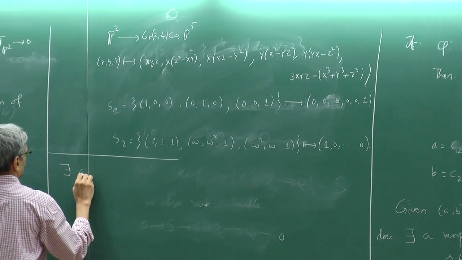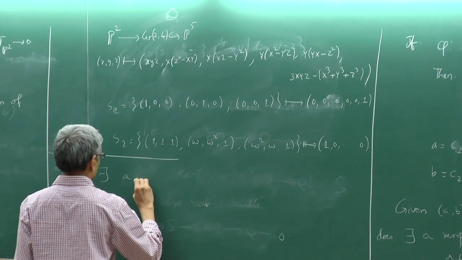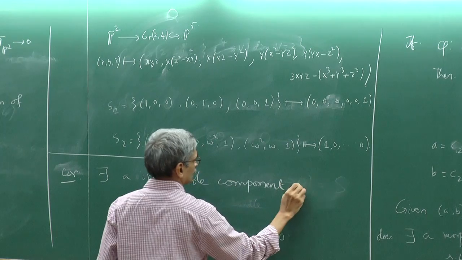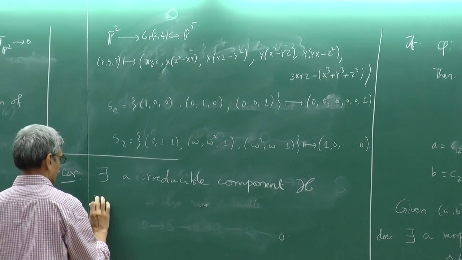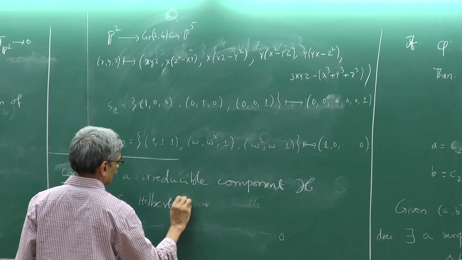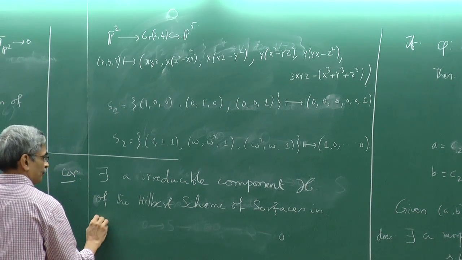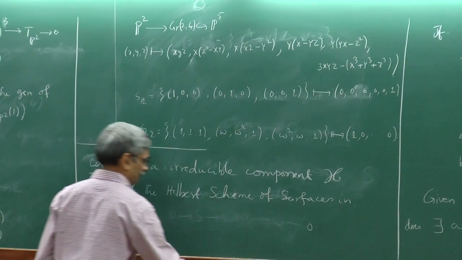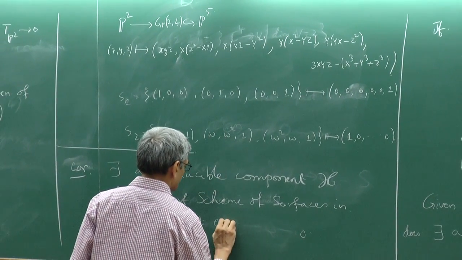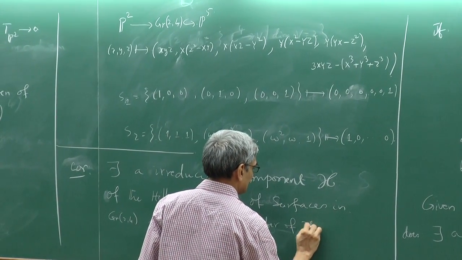There is a corollary: there exists an irreducible component H of the Hilbert scheme of surfaces in GR 24 such that every member of H is a singular surface.